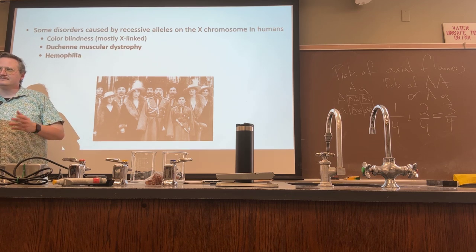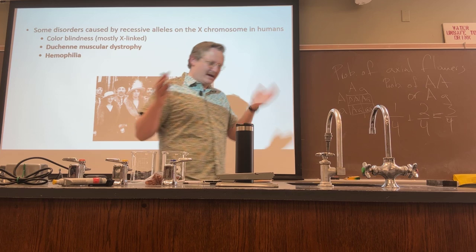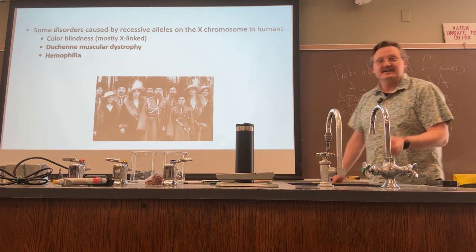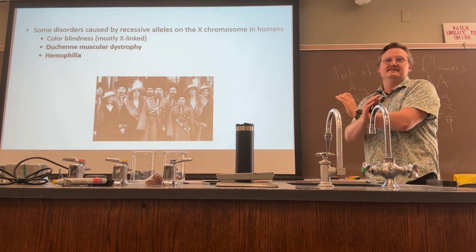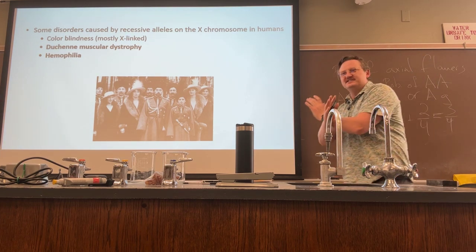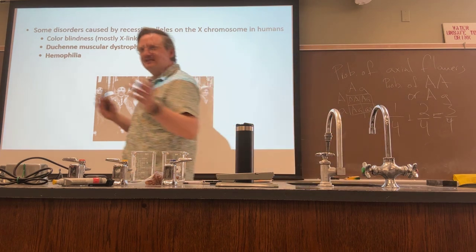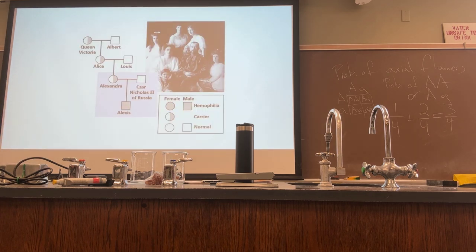So the gamete that determines whether you have XX or XY is the sperm cell, because the egg cell will always have the X chromosome in it. The maternal side can only donate an X chromosome. The paternal side could donate an X chromosome or a Y chromosome. Okay. So we get complicated patterns of inheritance with characteristics that are encoded on the X chromosome.